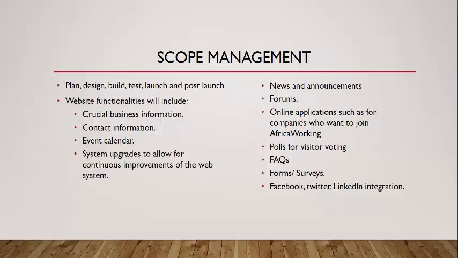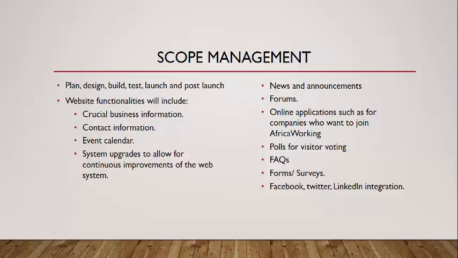So the website functionalities will include the crucial business information, contact information, event calendar. These are the contents for the website, and it should be scalable to allow for upgrades. This is for the content managers, where they can add content to the website.